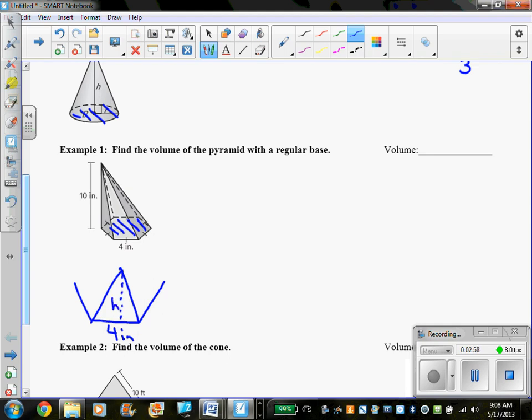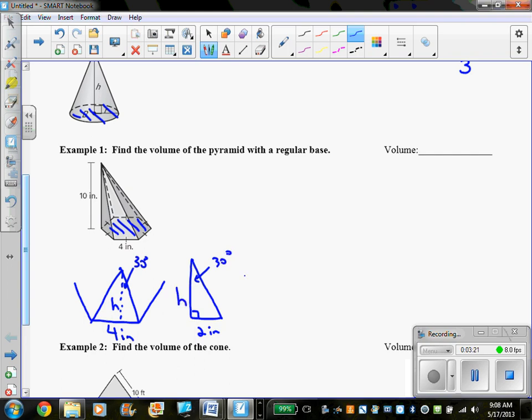So if you go 360 divided by 6, what is it going to be? 60 degrees. That gives me 30 degrees right here. So I'm going to bring this right triangle out of there. This is 2 inches, this is 30 degrees, and this is the height.